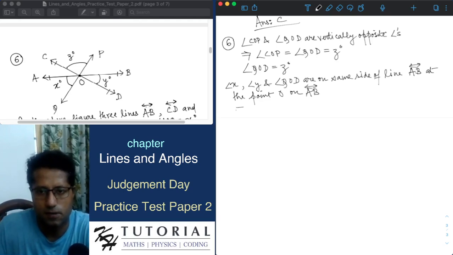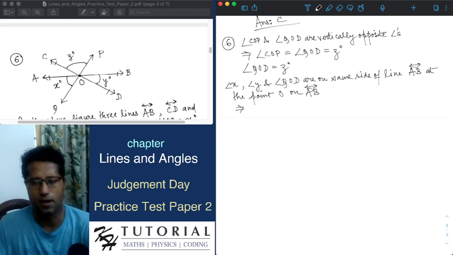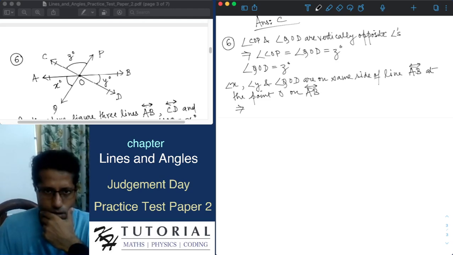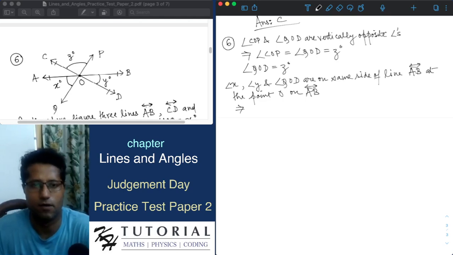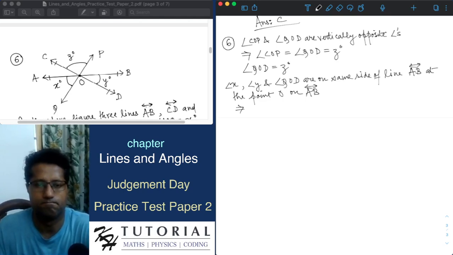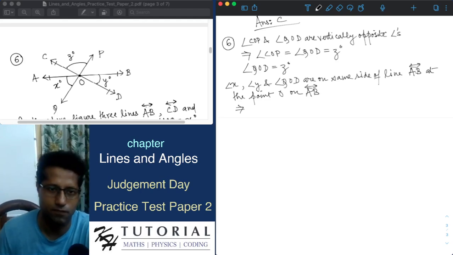So this implies angle x, angle y and angle QOD are all angles on the same side of the line AB, which means their sum will be 180 degree.